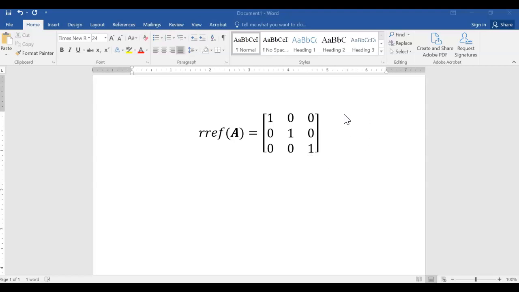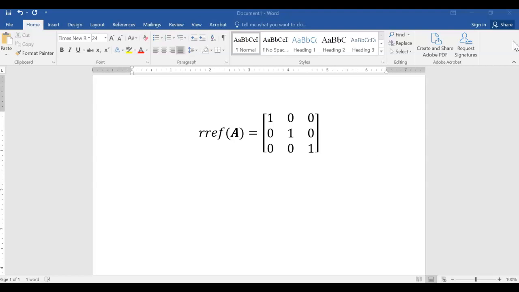Yes, they are, because we have no free variables, so you can't write one as a linear combination of the others. And do they span R3? Yes, because we have a pivot position in every row. Again, if you wanted to go back to section 2.3, that had all of our equivalent statements in it.